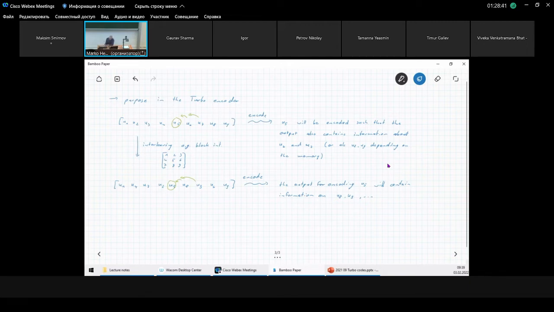So let's say here the goal: get statistically independent encoded versions of the same bit.